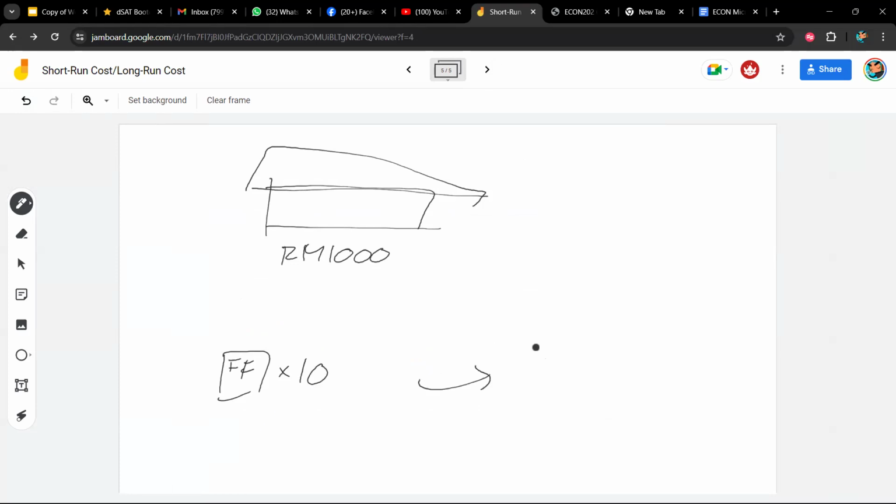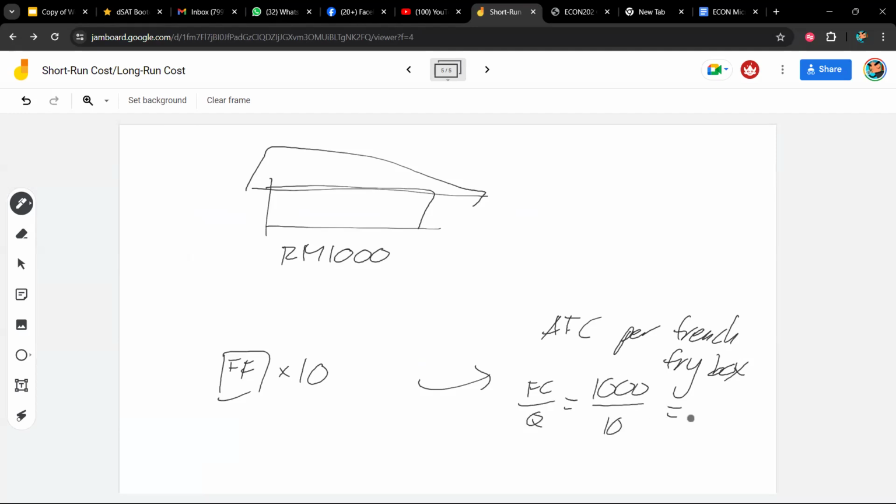Your average fixed cost per French fry box is equal to fixed cost divided by quantity, which is 1000 divided by 10, which is equal to 100, which is a lot for a French fry box.